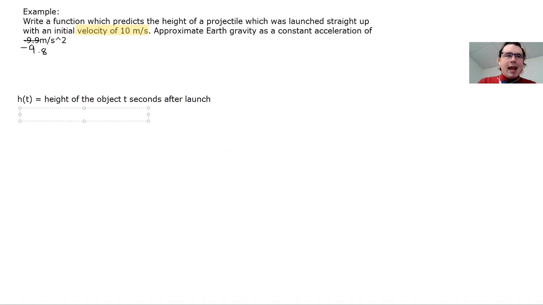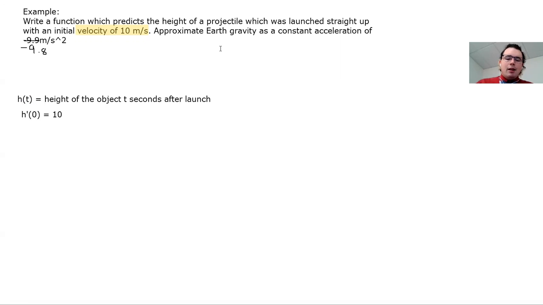This is telling me that h prime of 0 should be equal to positive 10. Now, this is a far cry from knowing the derivative of that function everywhere. All I know is that the derivative of this function was equal to 10 for some moment in time.